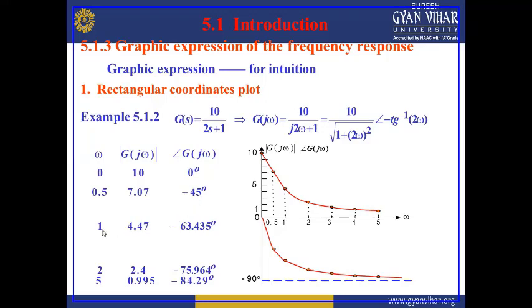Then we increase omega to 1. I get the magnitude as 4.47 and the angle as minus 63.435 degree. When we further increase omega to 2, I get the magnitude as 2.4 and minus 75.964 degree.